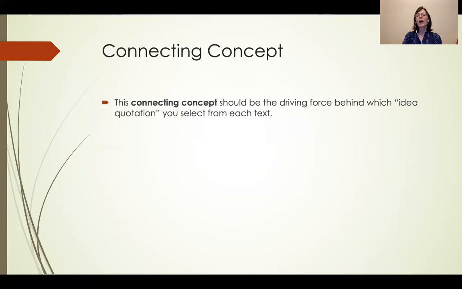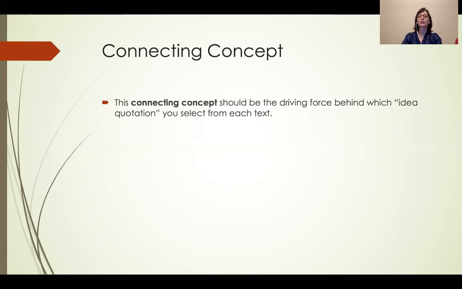Okay, and so why are connecting concepts important to figure out? These connecting concepts only become clear when you're playing around with ideas, when you're organizing free writing, drafting a body paragraph, going back to revise. So it's a process to boil things down to the specific concept that is linking those two texts, so that you make a nice direct connection between the texts, right?